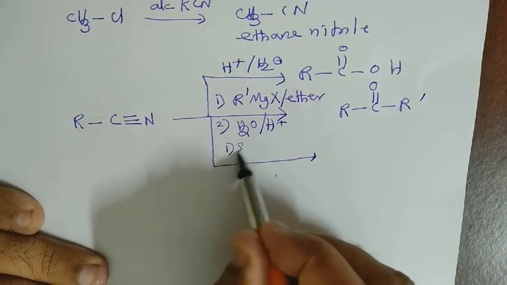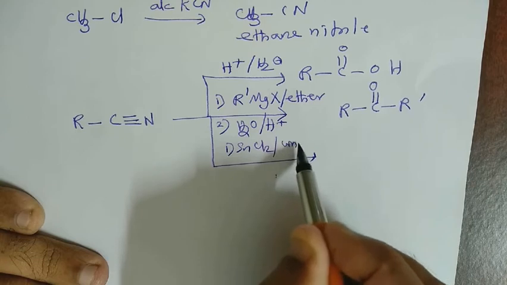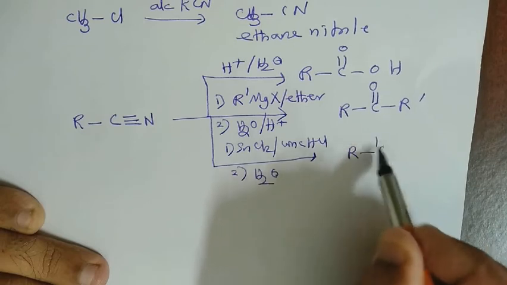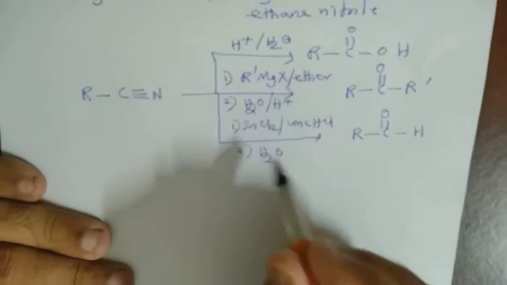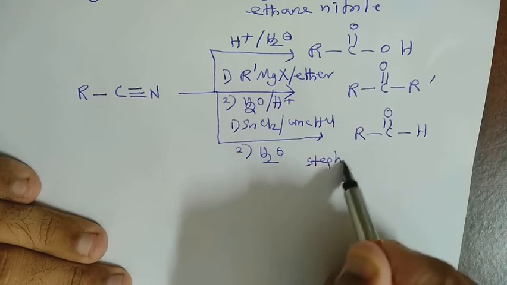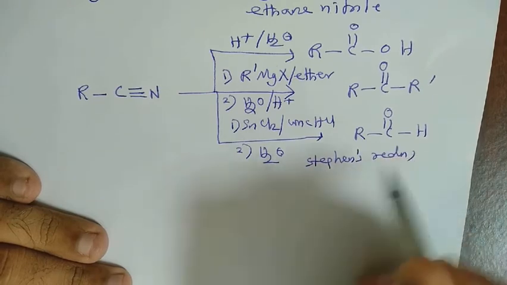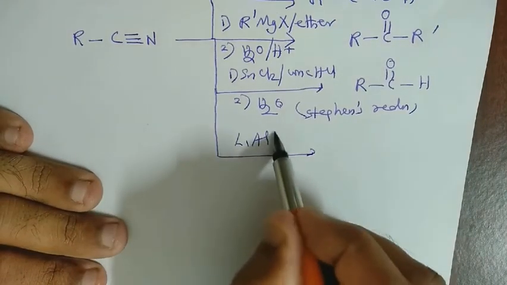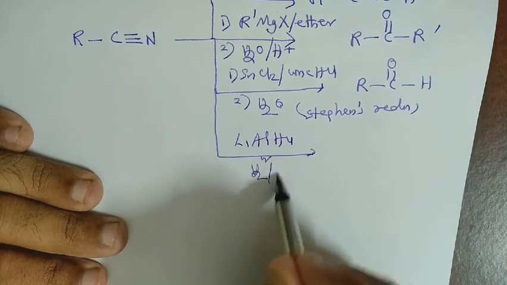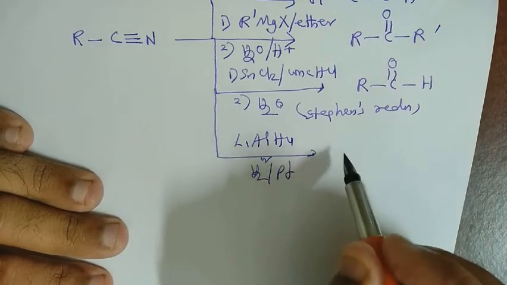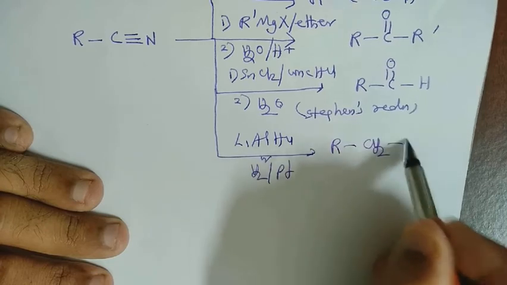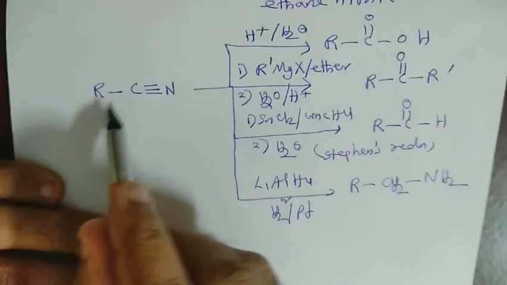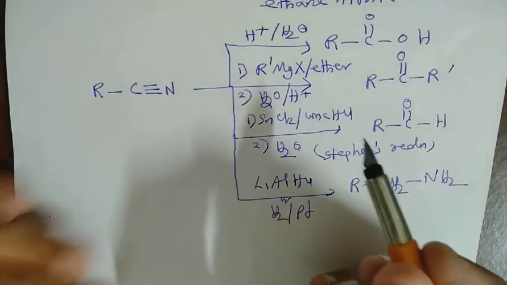Cyanides on reduction with stannous chloride and concentrated HCl followed by hydrolysis give an aldehyde. This reaction is called Stephen reduction. Cyanides on reduction with lithium aluminum hydride, or hydrogen and platinum, or sodium and alcohol give RCH2NH2, that is, a primary amine having the same number of carbon atoms as in the cyanide.